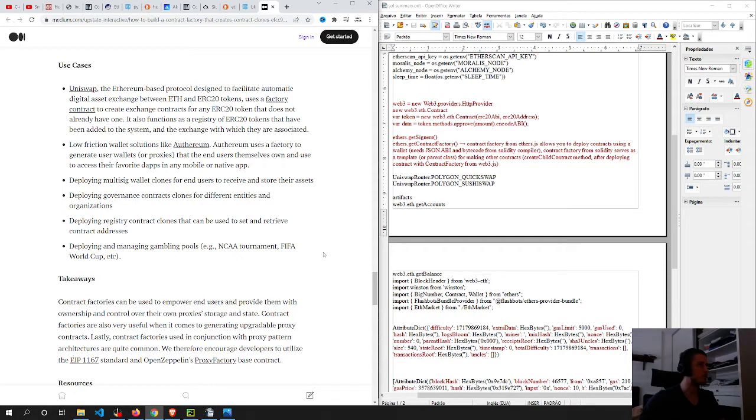Uniswap, the Ethereum-based protocol designed to facilitate automatic digital asset exchange between Ethereum and ERC20 tokens, uses a factory contract to create exchange contracts for any ERC20 token that does not already have one.